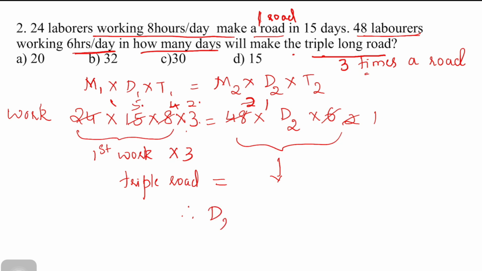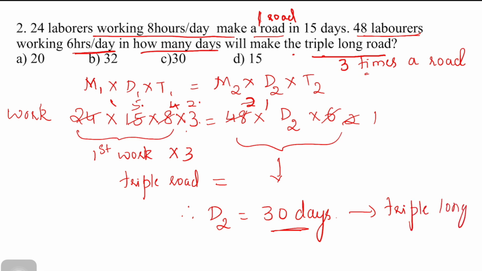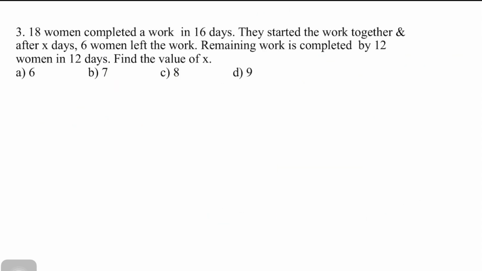So D2 is equal to 30 days. So 48 laborers working 6 hours per day take 30 days to make the triple long road, meaning 3 times the road made by the first people. So option C is the answer. Next problem.